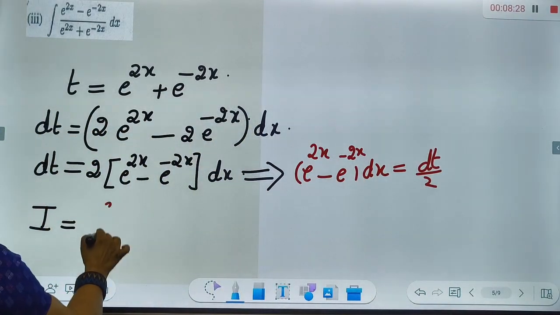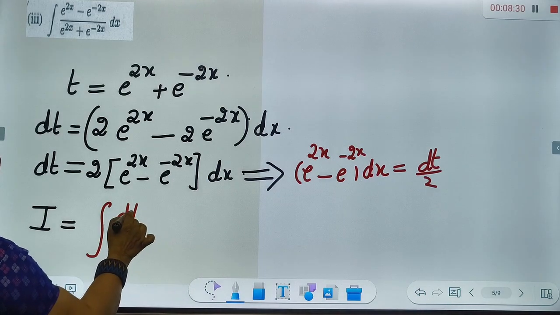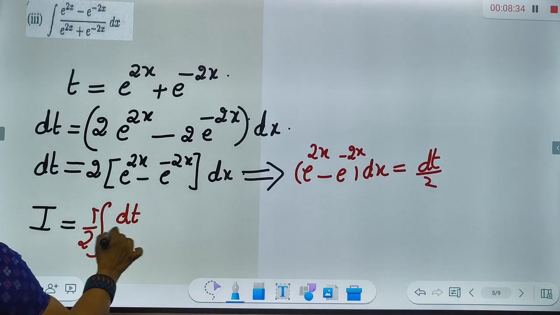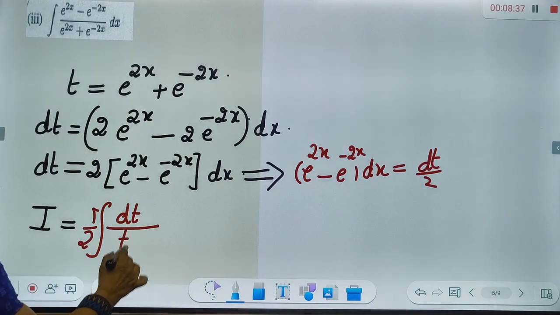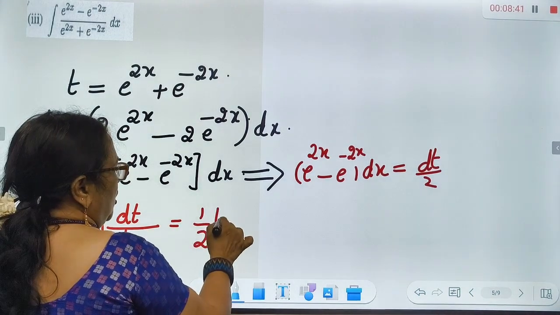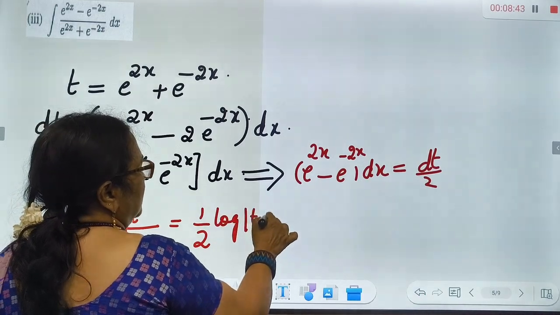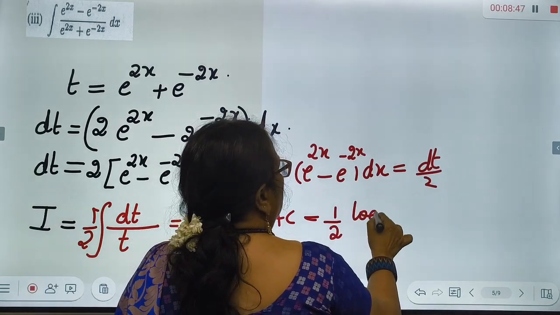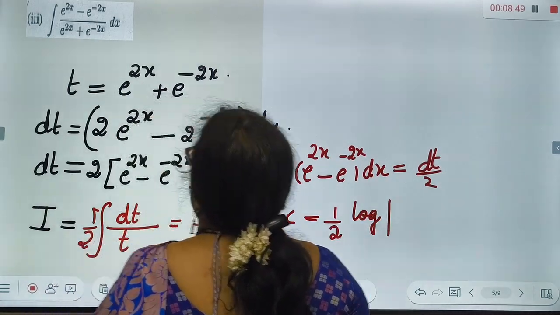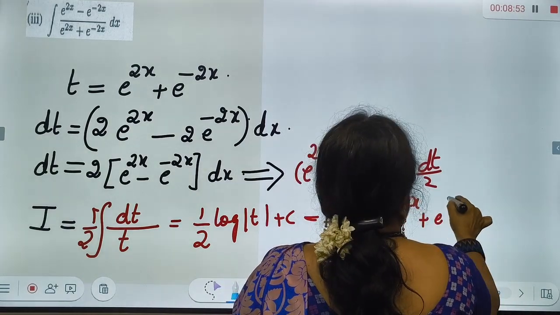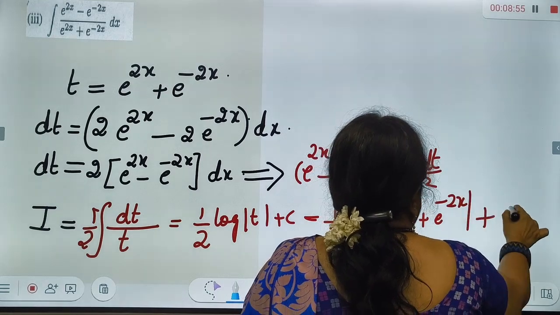e power 2x minus e power minus 2x dx is equal to dt by 2. So I will be equal to the numerator dt by 2, by denominator t, which is 1 by 2 log mod t plus c, which is 1 by 2 log mod e power 2x plus e power minus 2x plus c.